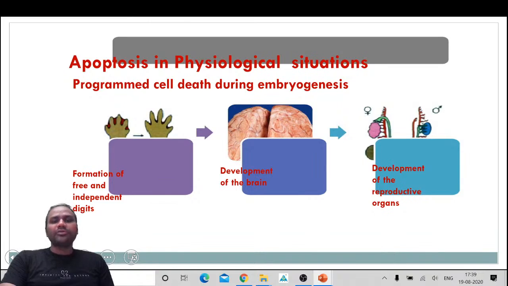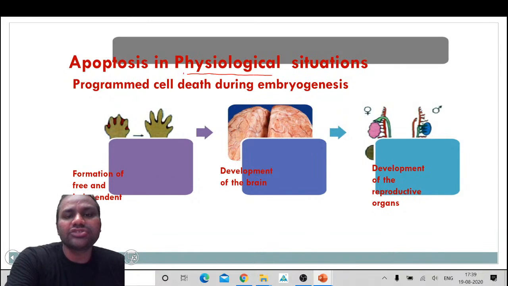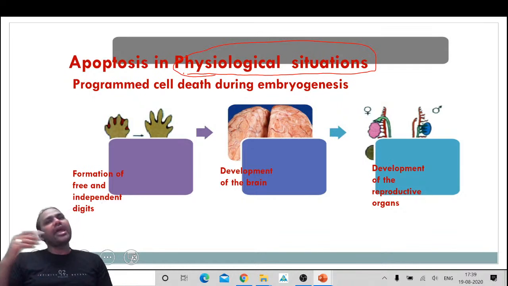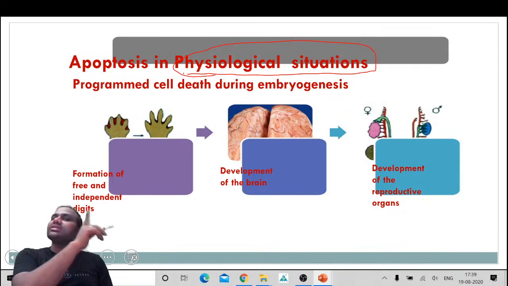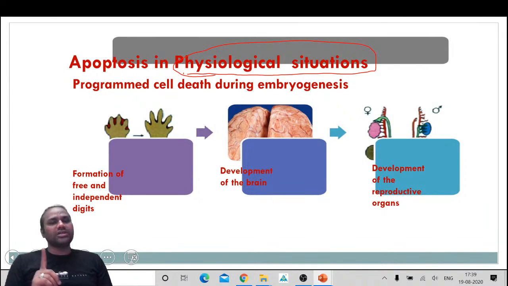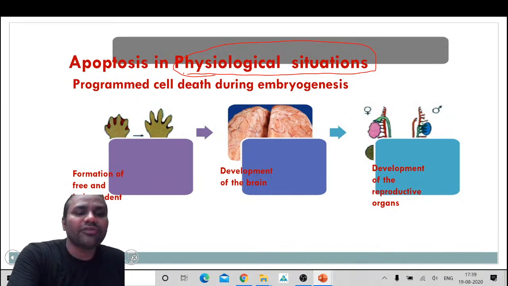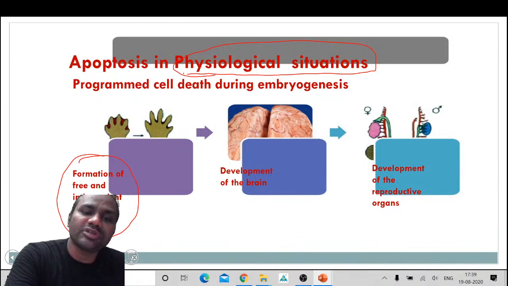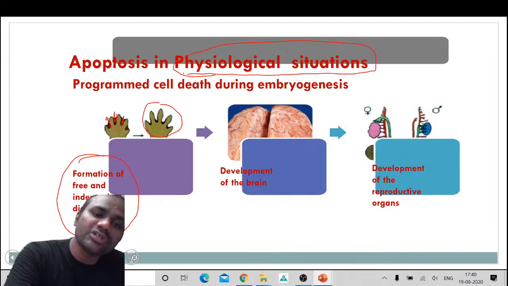Now, apoptosis can occur in physiological situations. Apoptosis can be physiological and pathological, and necrosis is always pathological. Apoptosis can be physiological, like the formation of free independent digits. Sometimes, because of apoptosis only, the six digits are converted into five, and the webbing is also removed because of apoptosis.